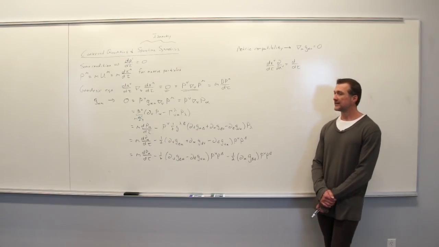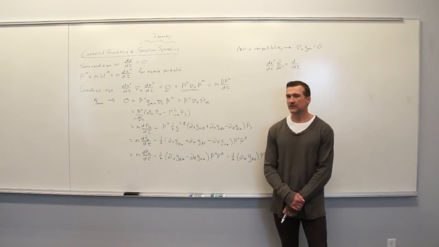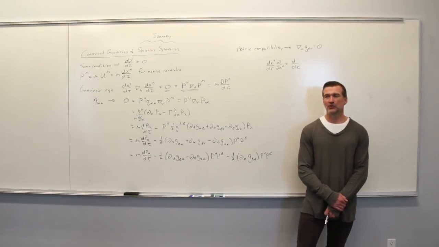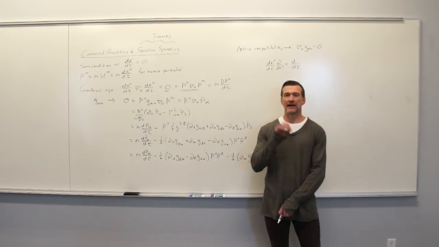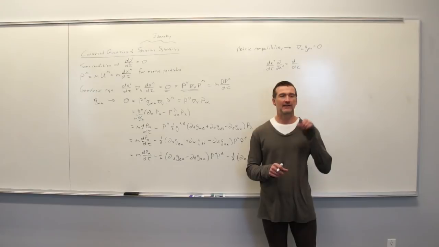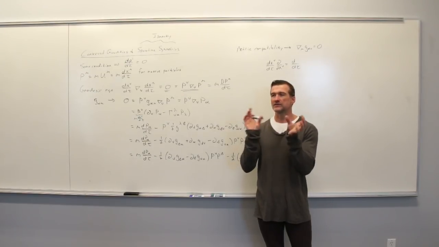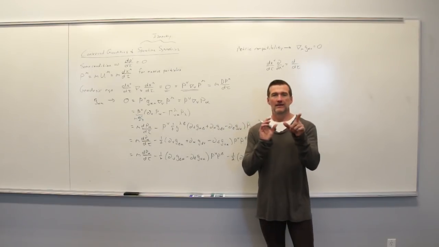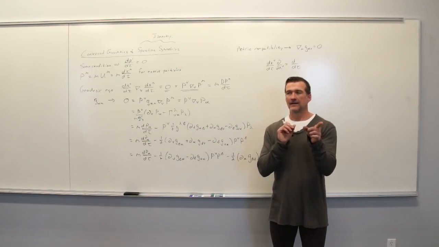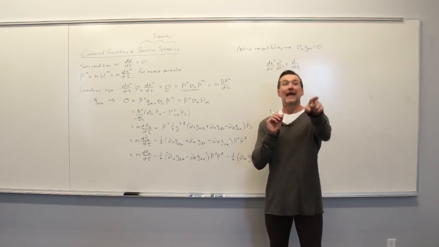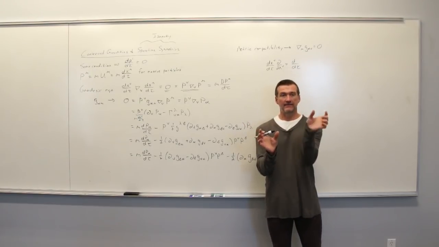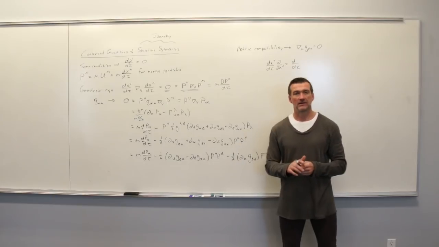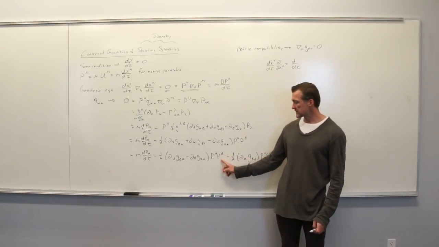Partly. So does anybody remember this really cool trick I showed you where I said if you've got something like this and you fully contract it with something like this, then it's automatically zero? What were those two things? It's a symmetric and an anti-symmetric combination of indices. Yeah. So let's look at this term right here.